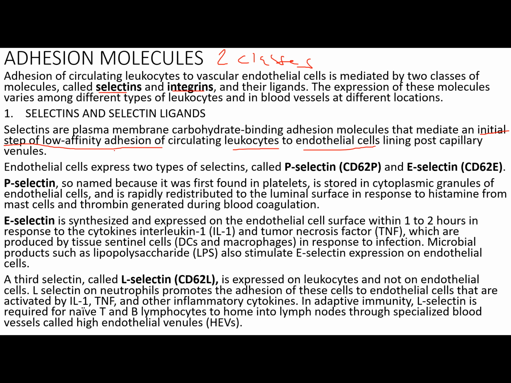Meaning, class, yung selectin nyo is a type of adhesion molecule that only gives a low affinity of adhesion. Meaning, mahina lang yung pagkaka-attach ng WBC mo doon sa endothelial cell or sa endothelial lining. That's what your selectins do.